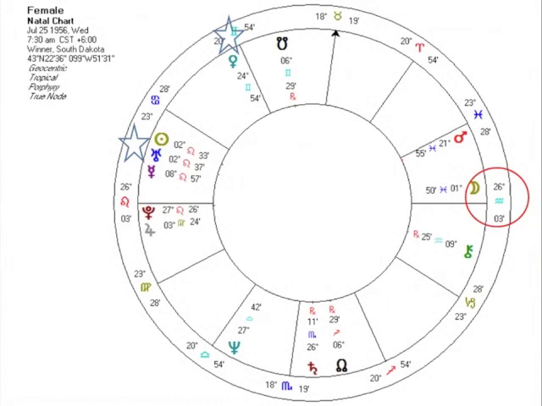It's going to emphasize that need to have some type of objectivity, doubling up on the communications for this person. With the ruler Uranus over there in the 12th house and sandwiched in that Sun Mercury stellium.